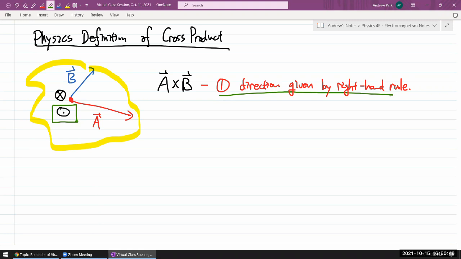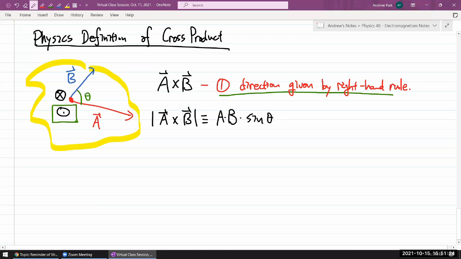The second part of the definition deals with the magnitude of the cross product. As a matter of definition, the physics definition, the magnitude is defined as the product of the magnitudes of the vectors A and B, times, if these vectors are in space, there's some angle theta between them, the sine of theta.